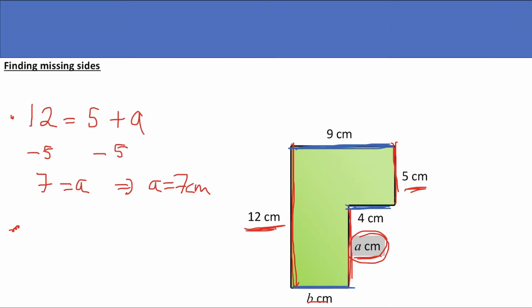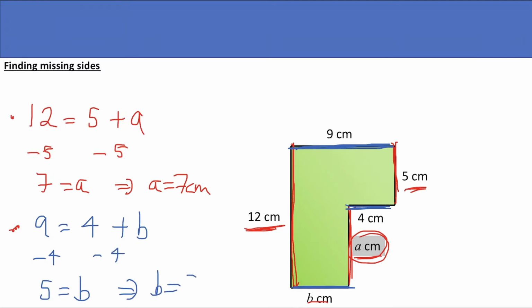So to find what B is equal to, we are going to do 9 is equal to 4, add B. We are going to do inverse operations to find what B is equal to. So 4 add something gives you 9. So subtract 4 from both sides. 5 is equal to B. So side B is equal to 5 centimeters.